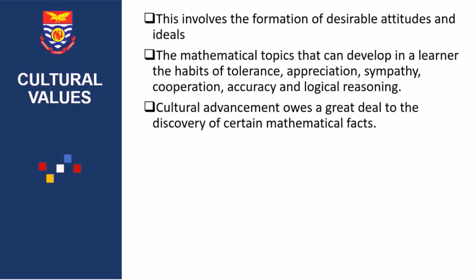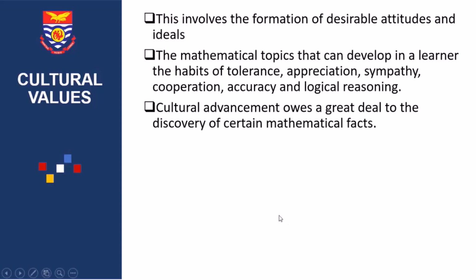So if you look at the history of mathematics, you can deduce that cultural advancement owes a great deal to that. And we have seen how numbers, for instance, are developed, where numbers started from, how it started from counting numbers, and then in that order. So all these things, there's some cultural aspects of it.